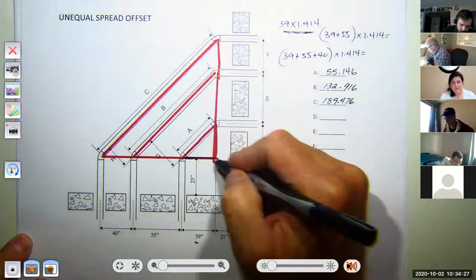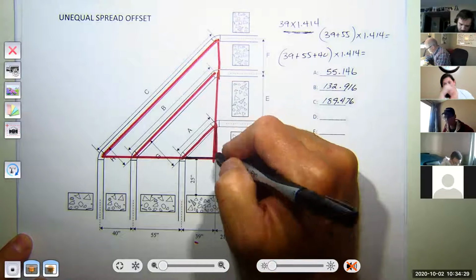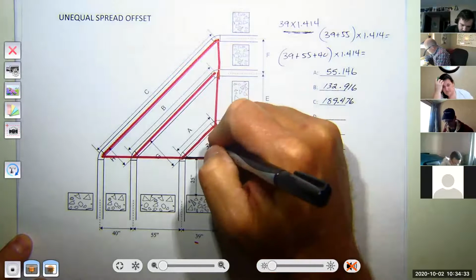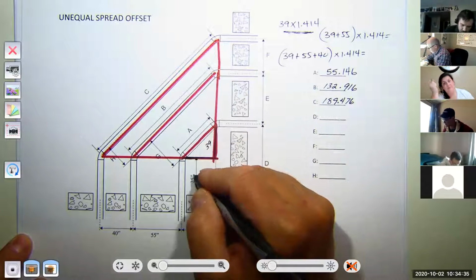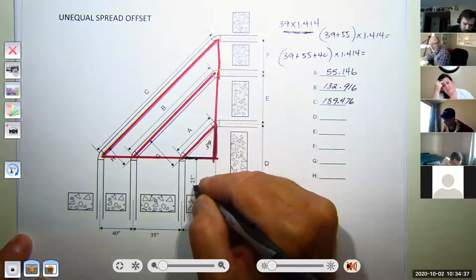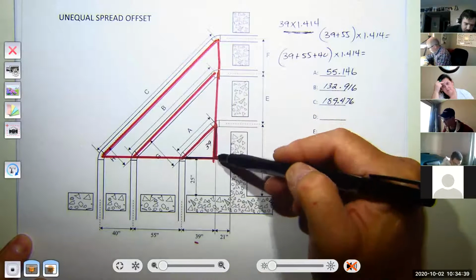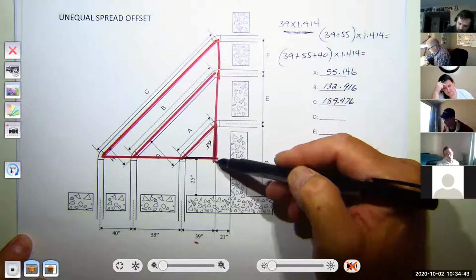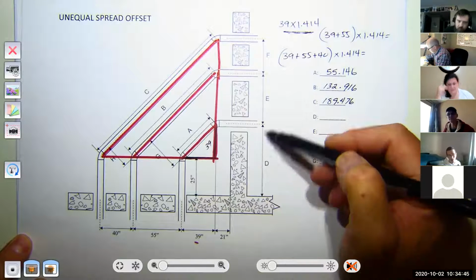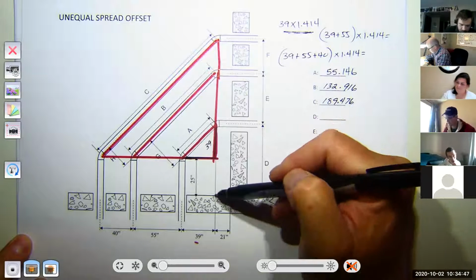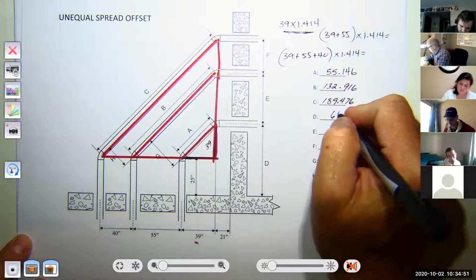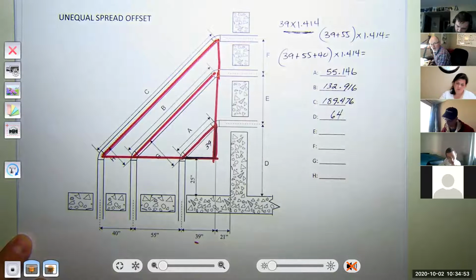So if that's 39, guess what this measurement right here has to be? 39. And we add 25 to it. You see where I get 39 plus 25? 39 plus 25 is D, 64.